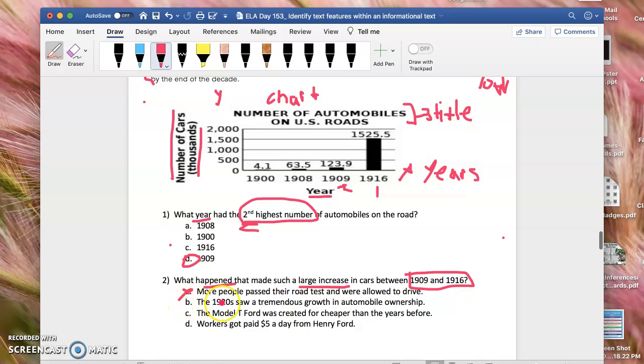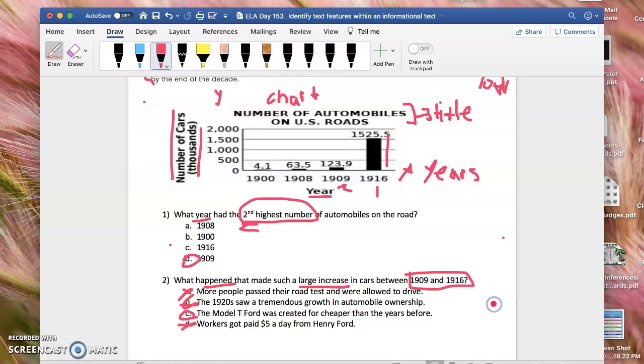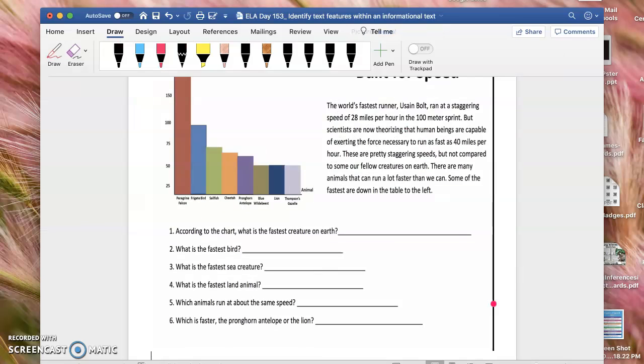So, guys, it's not talking about the 1920s because the 1920s is after this year span. What happened is that they created it cheaper so that people can afford it, which made the increase in cars go up here. Okay. All right.